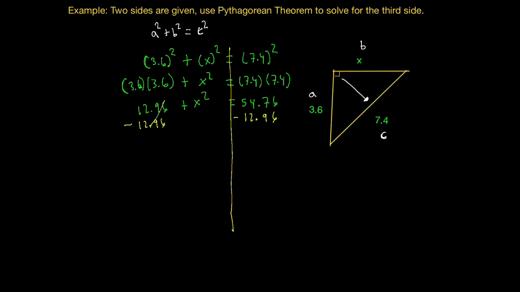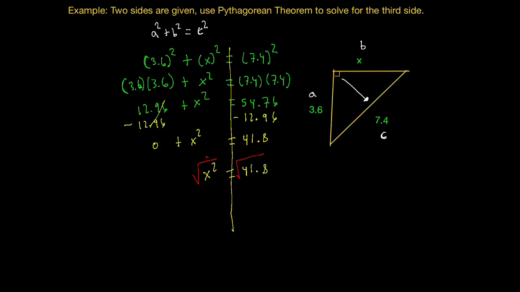These ones cancel out. We get 0 plus x to the second power. And then 54.76 minus 12.96 is 41.8. 0 plus x squared is x to the second power. And then we get 41.8. In order for us to get rid of that second power, we have to take the square root. But whatever we do to the left, we have to do it to the right.